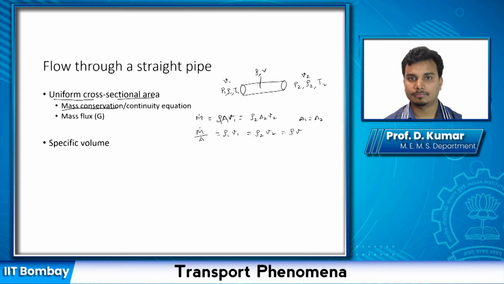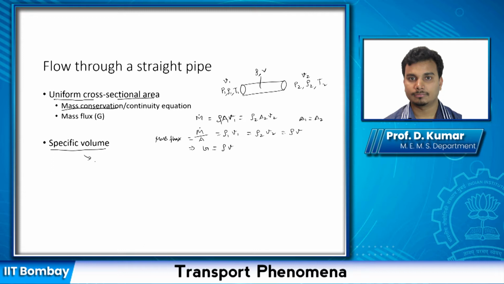So this quantity is mass flow rate per unit area, so mass flow per unit area per unit time, and it can be called mass flux. Mass flux we generally denote by G. So G is rho times V. Typically, what you do is define what is known as specific volume.